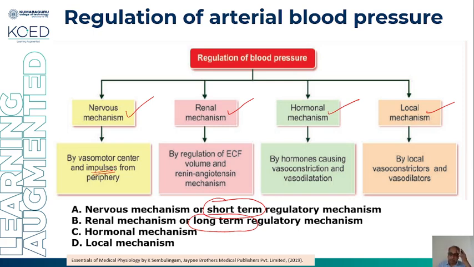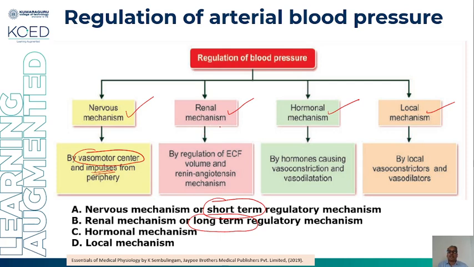arteries will move to the vasomotor center of your brain. There the sensory impulses will be processed, and the motor impulses will again be sent to the target organ. So totally it depends upon the action potential of your nerves.